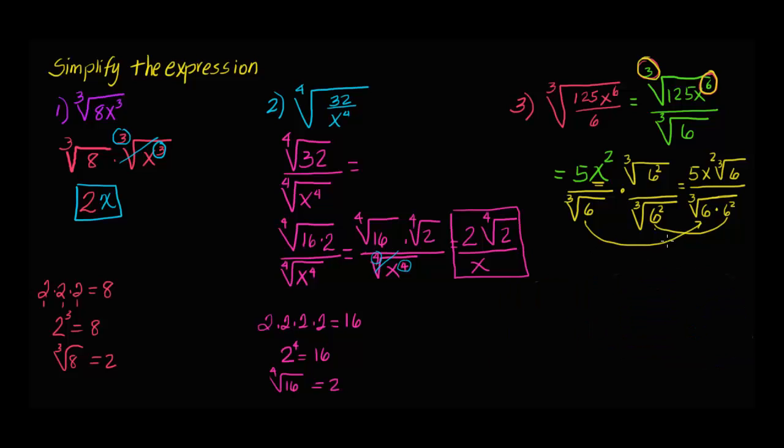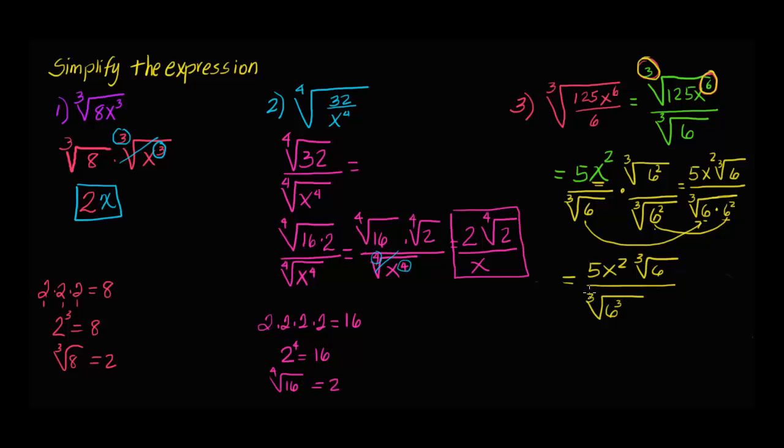cubed. So in the denominator, I've joined these two radicals underneath the same radical, and I can do that because they have the same index. If they had different indexes, I would not be able to do that. So when I do join them inside the same radical, let me rewrite the numerator, 5x squared cube root of 6, and in the denominator, I'm left with the cube root of 6 to the third power, because when I have the same base, we can add the exponents. 2 plus 1 is 3.